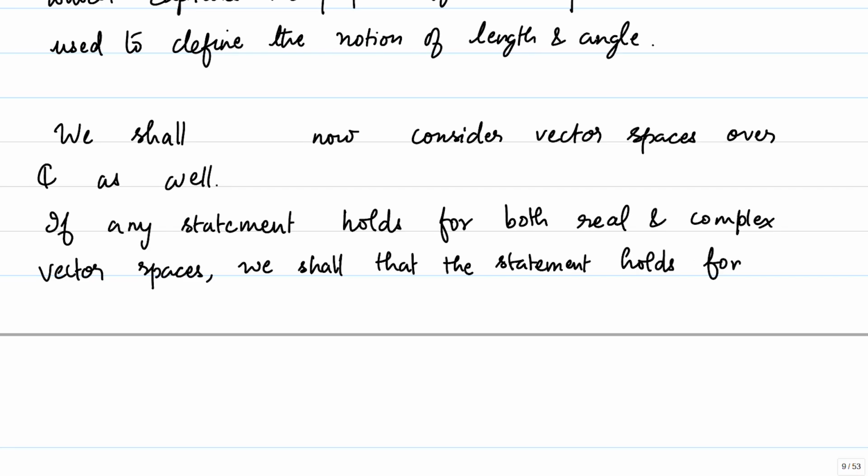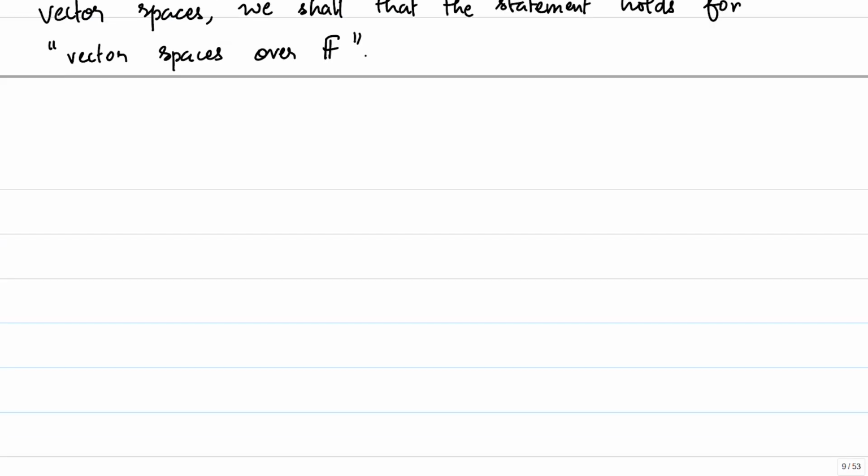This would mean that if a statement is being made with vector spaces over F, it means that if you consider vector spaces over R or vector spaces over C, a definition or a theorem or a proposition is going to be true for either of the cases. Okay, so let's now start with the definition of an inner product.